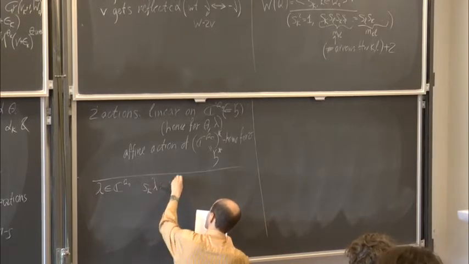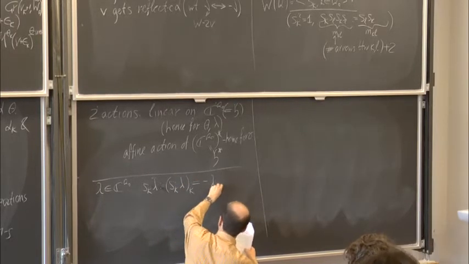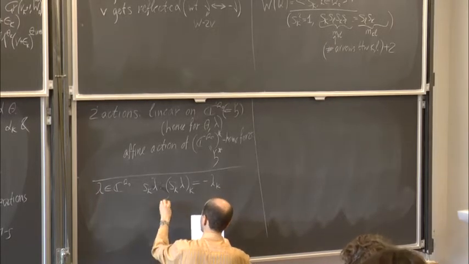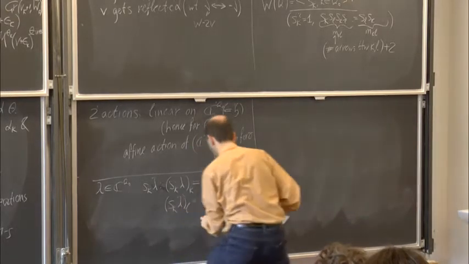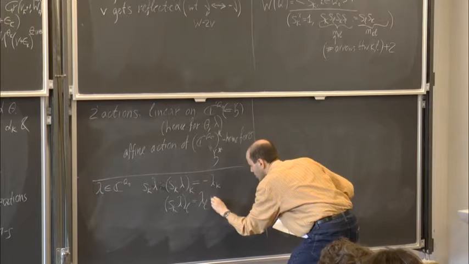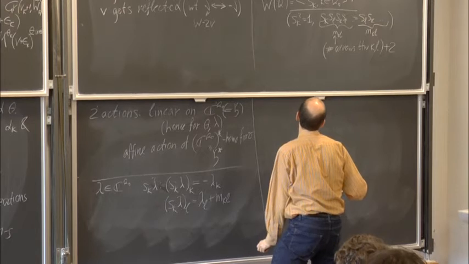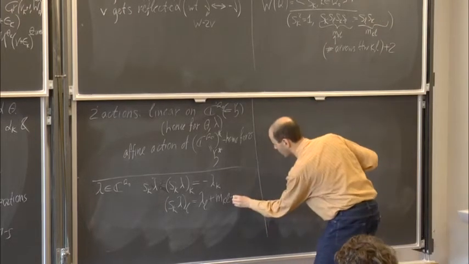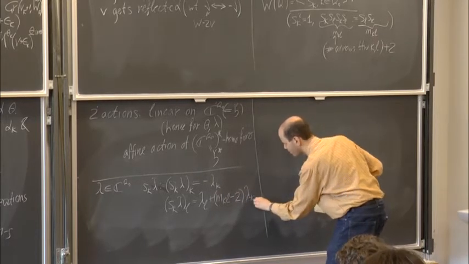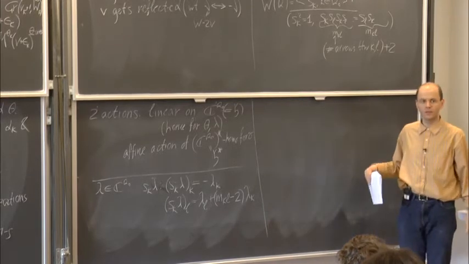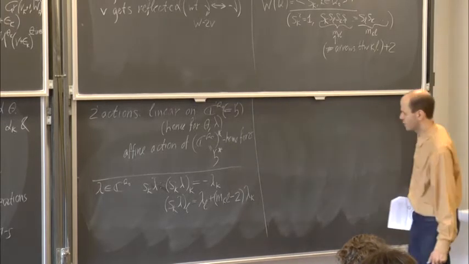The k-th component is going to be minus lambda k, and other components are going to be given by lambda l plus m_kl minus 2 lambda k. So just the number of arrows between k and l. Okay, that's more or less the usual formula.